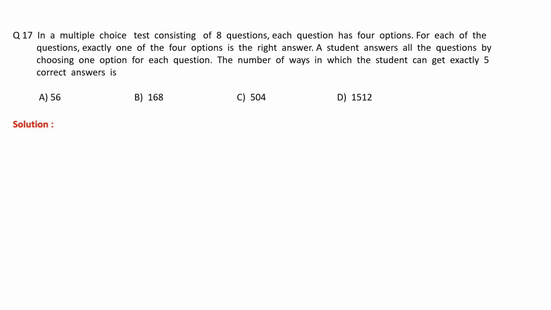Now, suppose the student has to attempt the questions A1, A2, A3, A4, A5, A6, A7 and A8, right? And all of them have the options, suppose A, B, C, D, right?